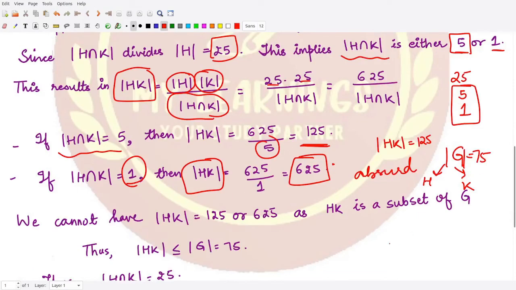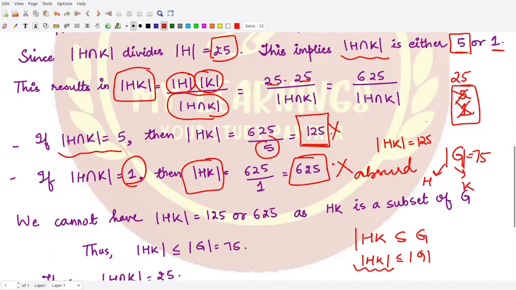So obviously HK would form a subset of G, and it would have fewer elements than those present in G. So the order of HK would be less than or equal to 75, the order of G. But in both cases we are getting either 625 or 125 as the order, which is not correct. So both of these cases are not possible.